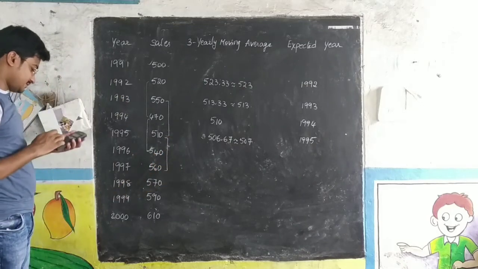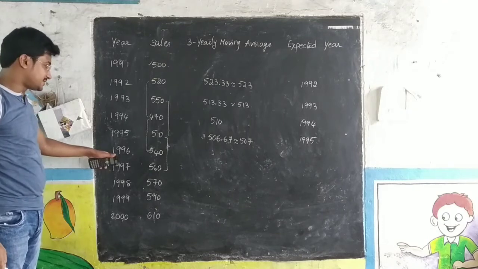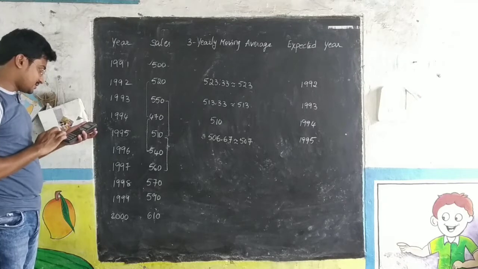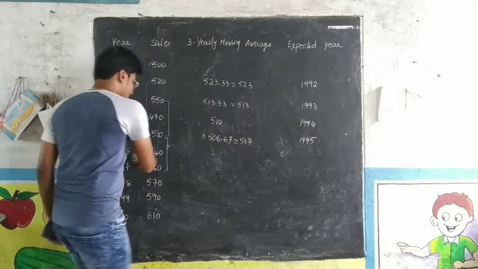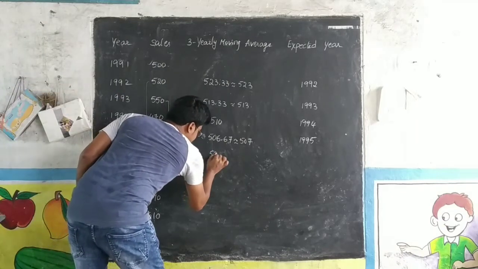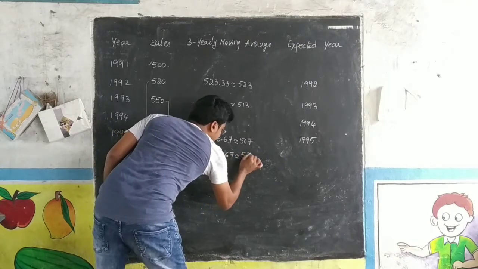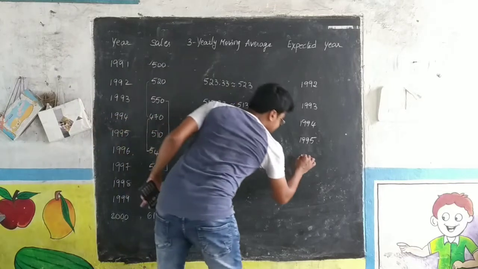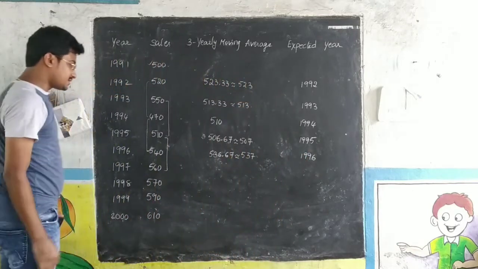Next 3 years. The middle year is 1996. 510 plus 540 plus 560 divided by 3 is 536.67, approximately 537. The expected year is 1996.